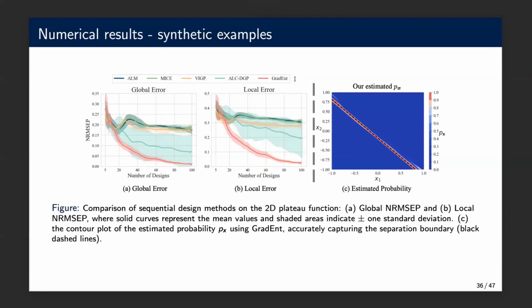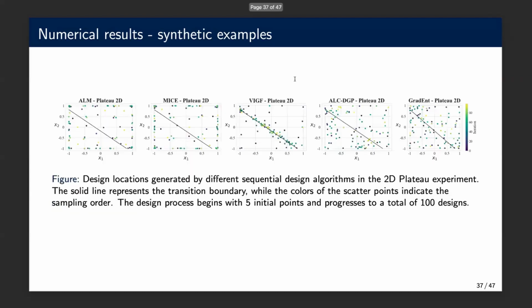The dashed black curve shows the true transition area, the true high variation region. And there are some realizations of the sample locations during the sampling, and the different colors indicate the sample iterations.